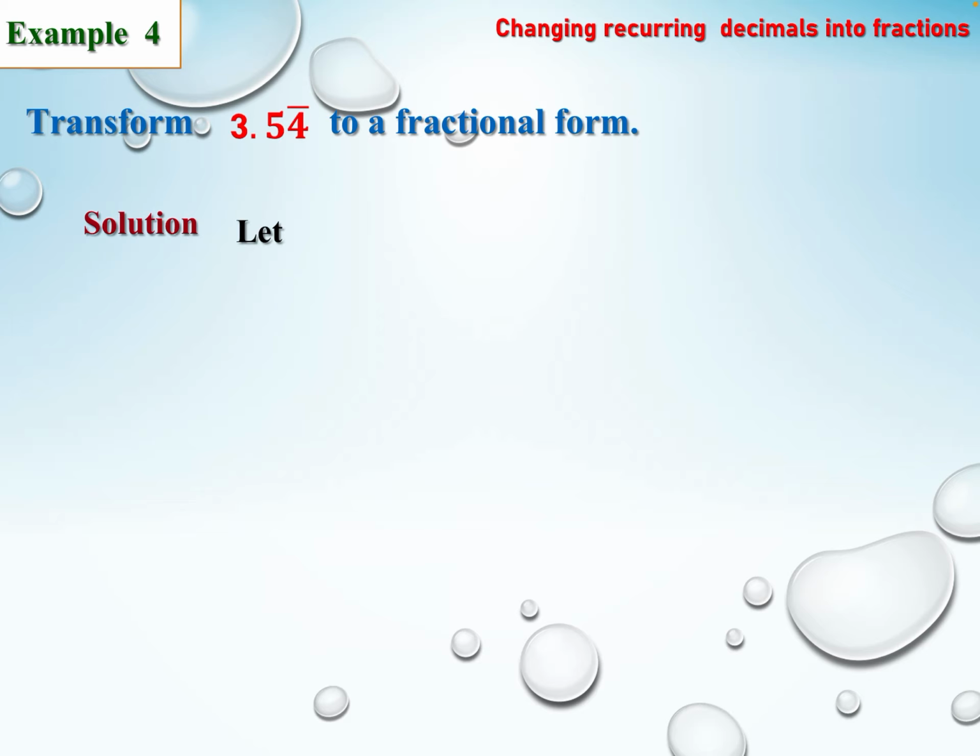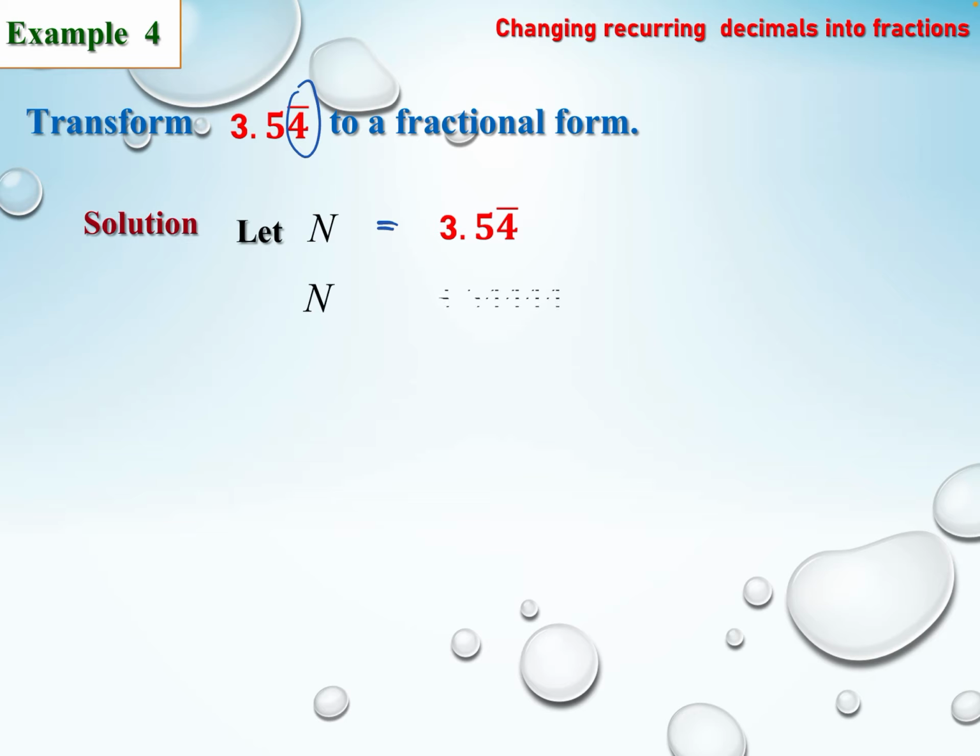Next, example number 4. Transform 3.54, repeat 4 only, to a fractional form. Repeat this only, okay? Because on top of 5 there isn't any bar or any segment. So we just let n equal to 3.54 with a bar on top of 4.